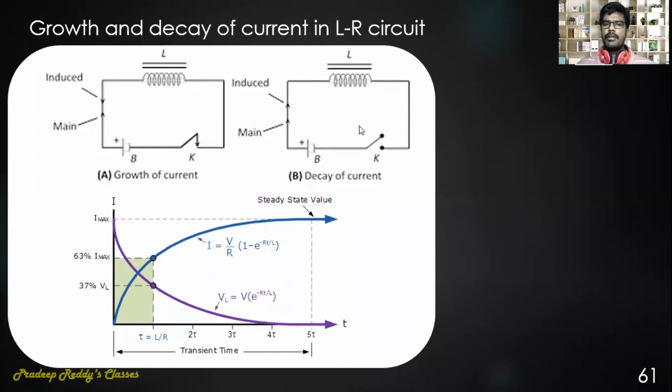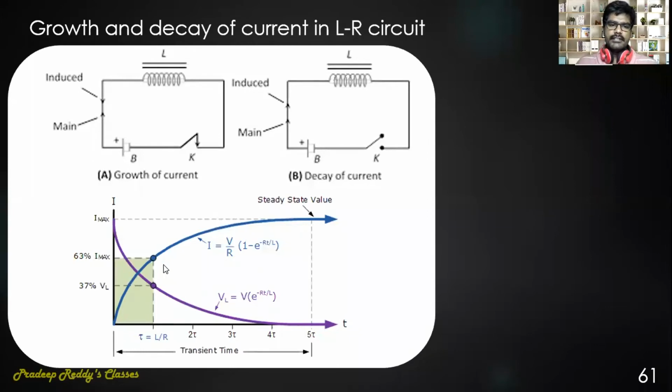That depends on how you are connecting the inductor. If current in the inductor is increasing, we call it growth of current. If current in the inductor is decreasing, we call it decay of current in the circuit.